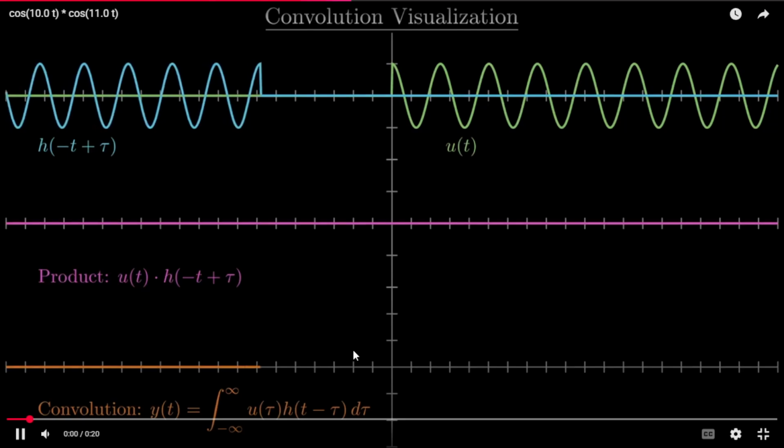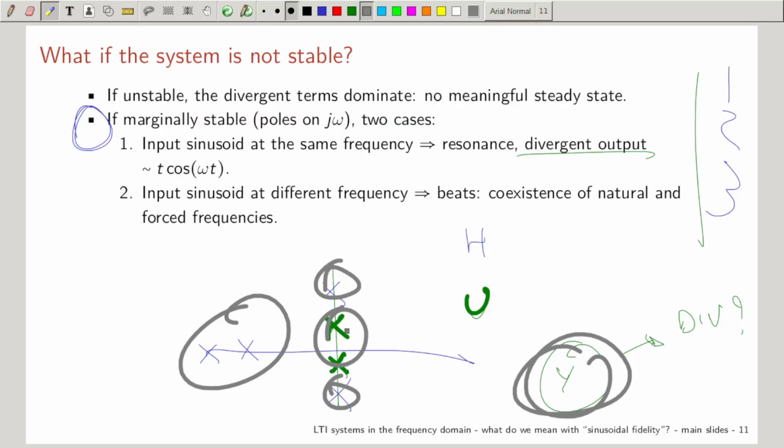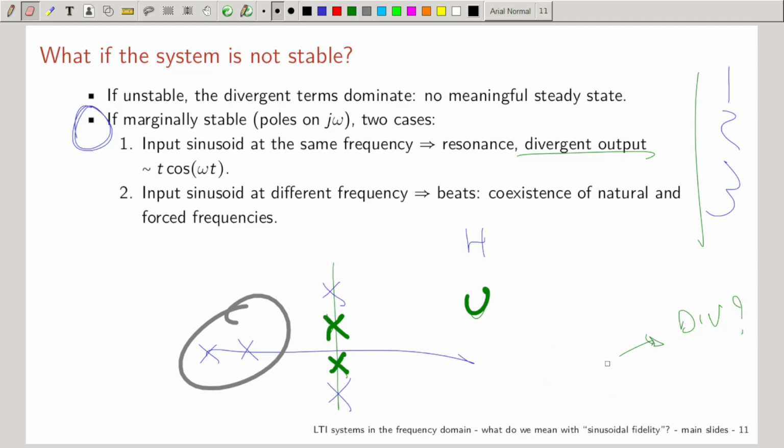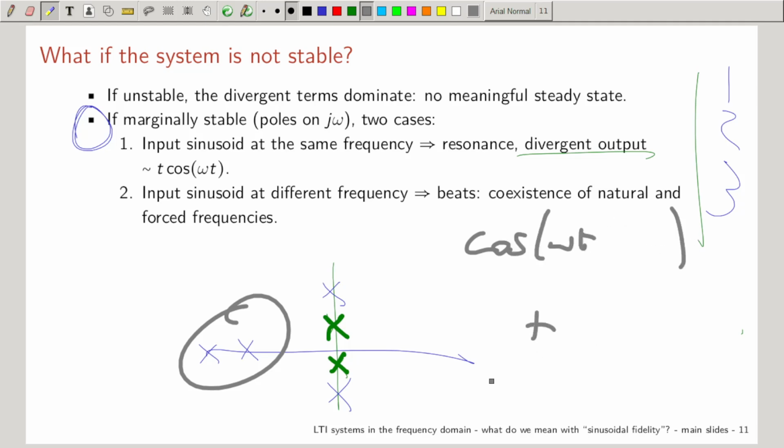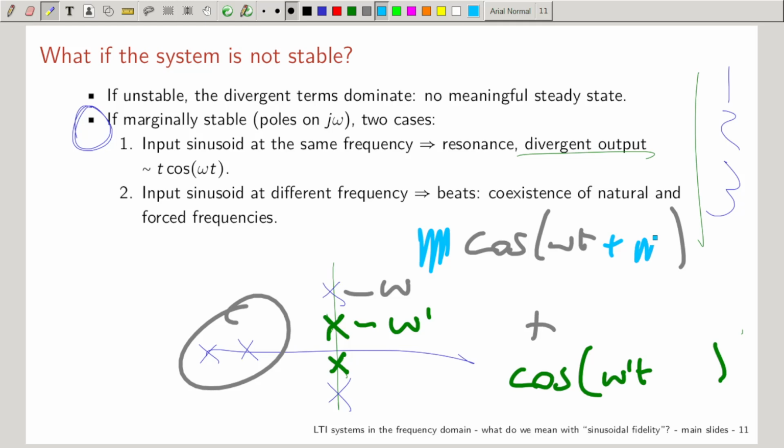The closer the two frequencies are, the more the peak. But still, y is going to be a certain cosine omega t, plus, let's say this is omega and this is omega prime, cosine omega prime t, and you will have an amplification factor and a shift, and another amplification factor and another shift.